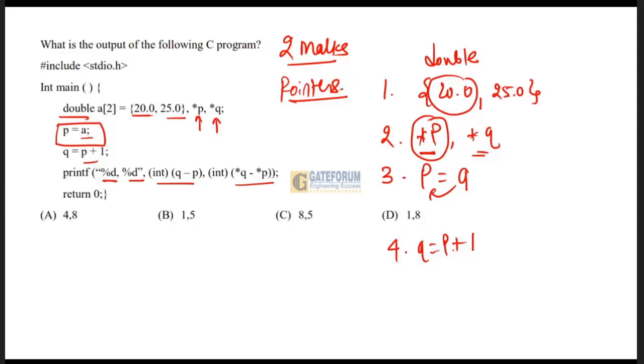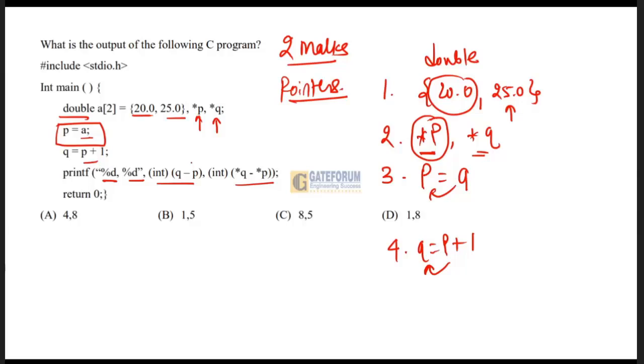So we are just assigning the next address of that pointer to Q, that is the address of 25 we are assigning to this Q.